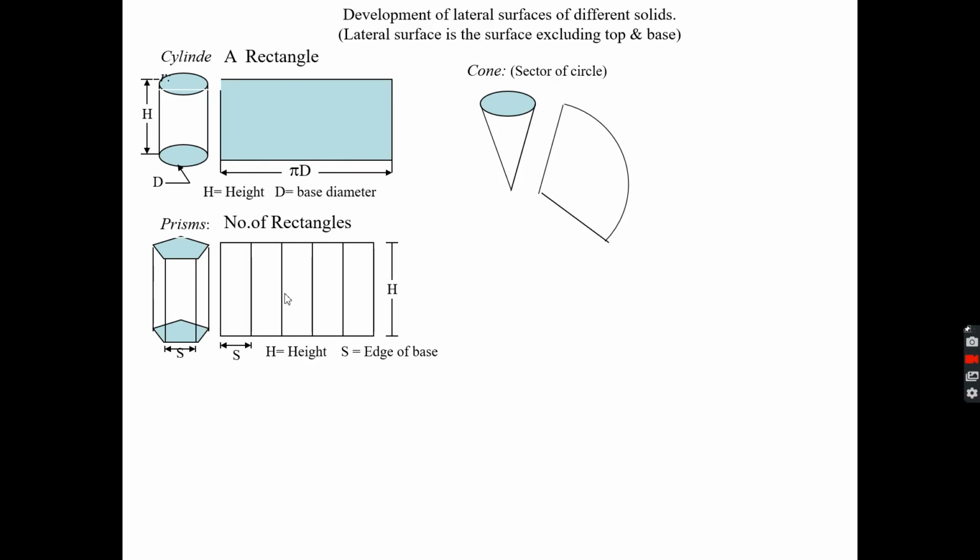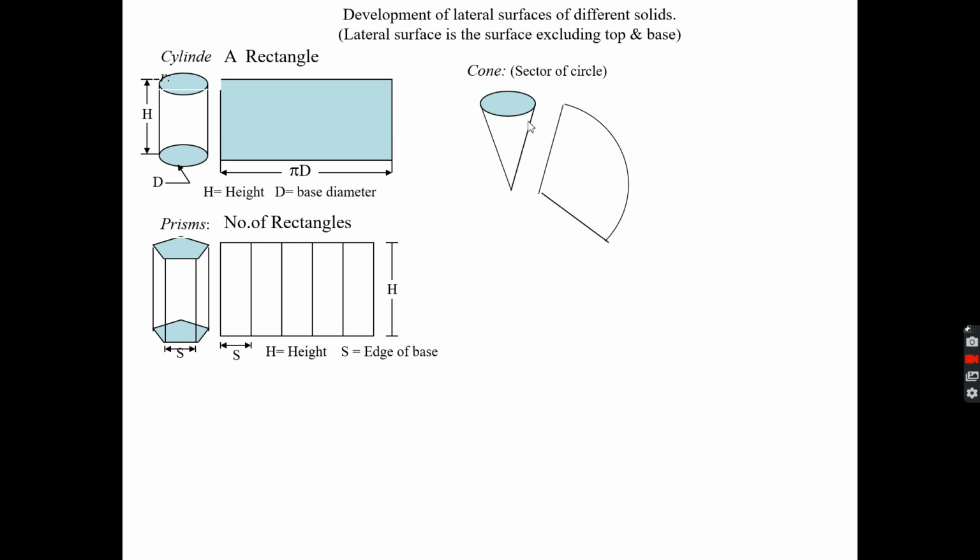Making the rectangle is easy, because you only need the length and width of the rectangle. But here, what you know is the length of the slant edge and the radius or diameter of the base of the cone.